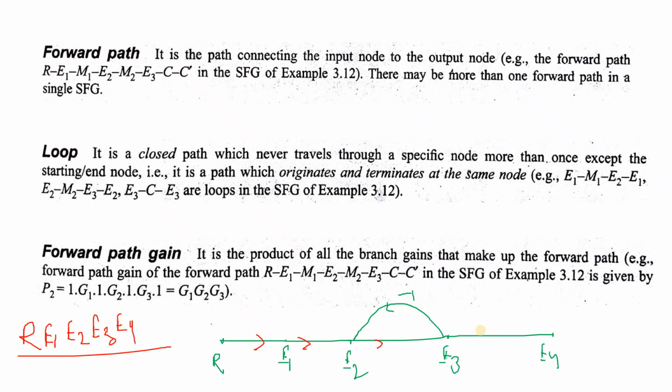Suppose the gains of this path are 1, G1, G2, G3. So the gain of the forward path will be 1 into G1 into G2 into G3. This forward path has a gain of G1, G2, G3.